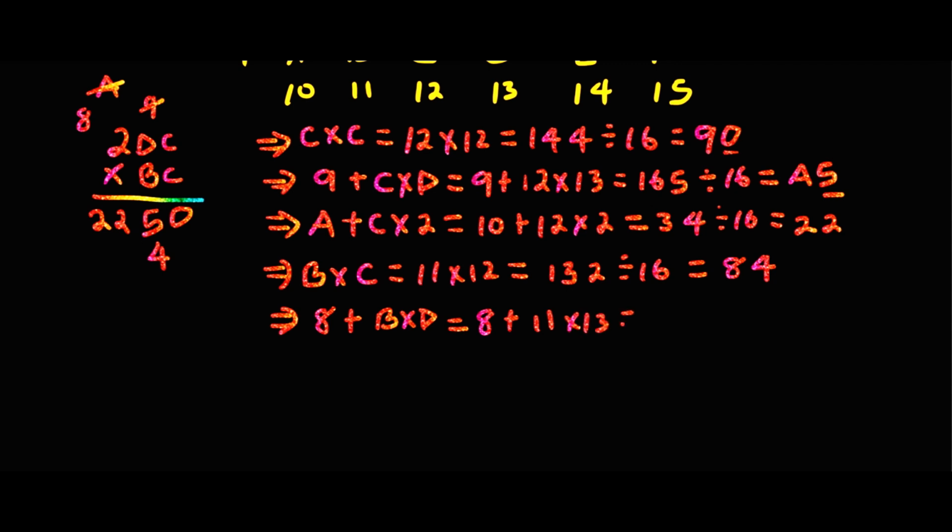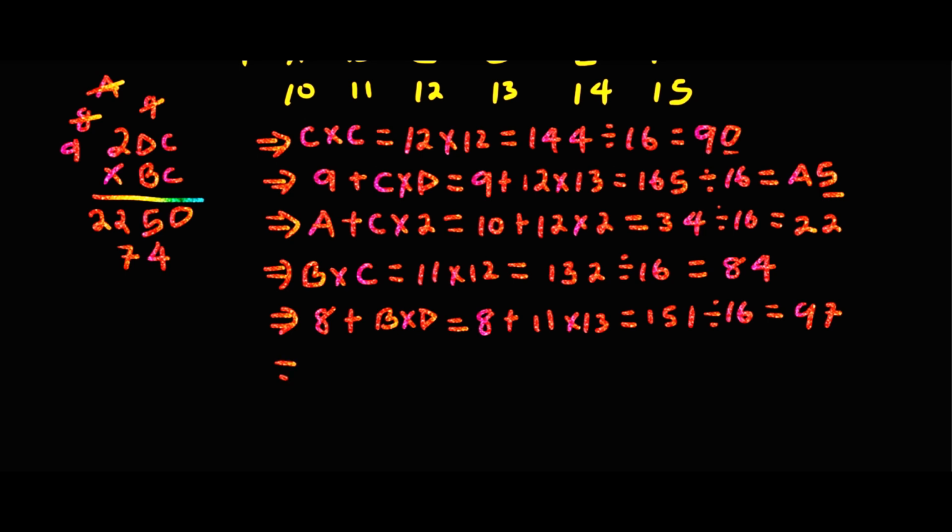That is 11 times 13. When you do that, you're going to get 151, which again you divide by 16 to convert it to hexadecimal. You find that 16 goes into 151 9 times with a remainder of 7. So you write 7 there and have 9 as the carry.